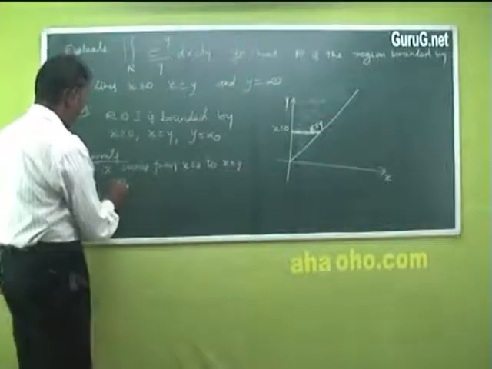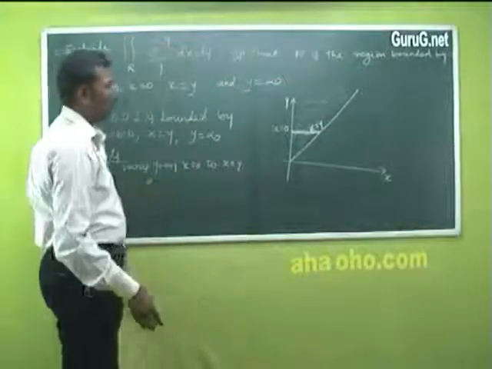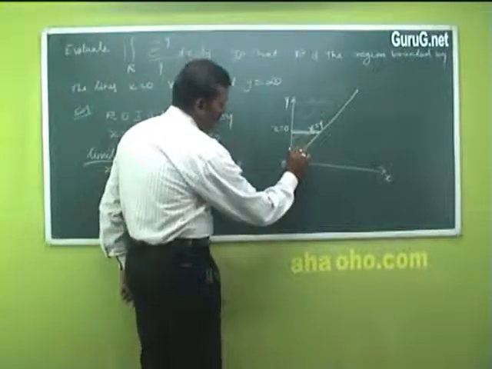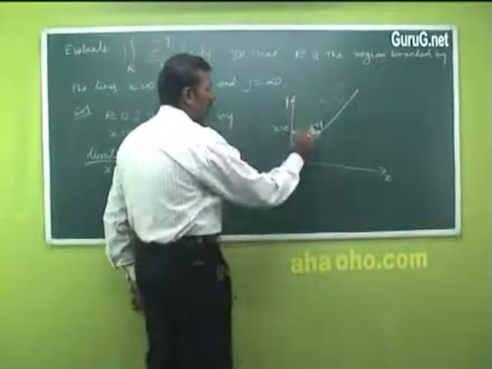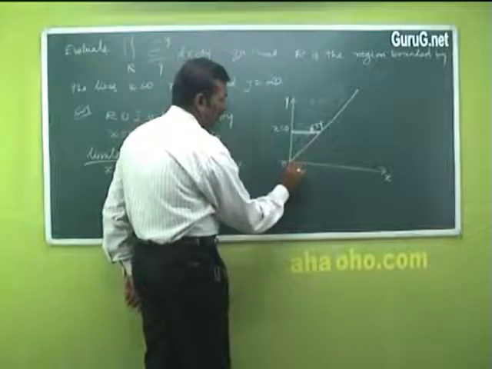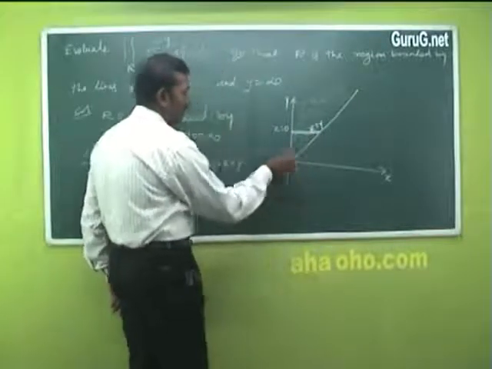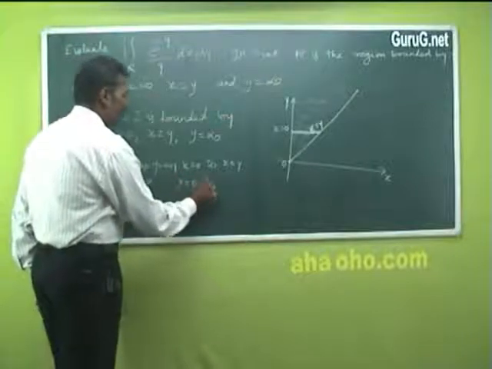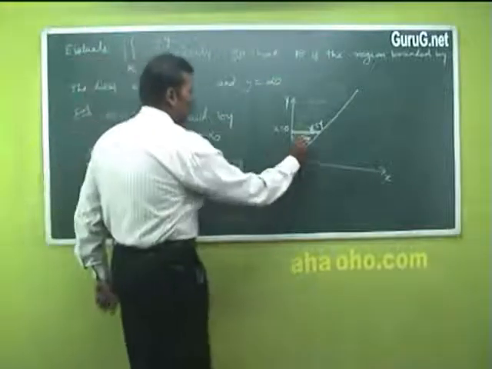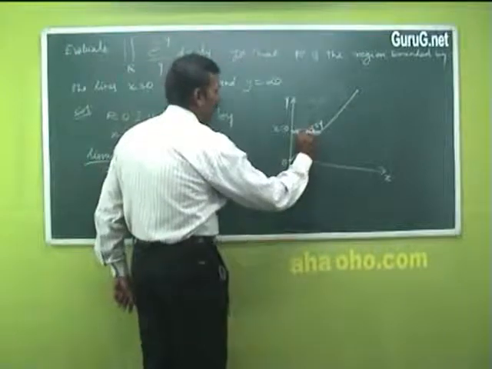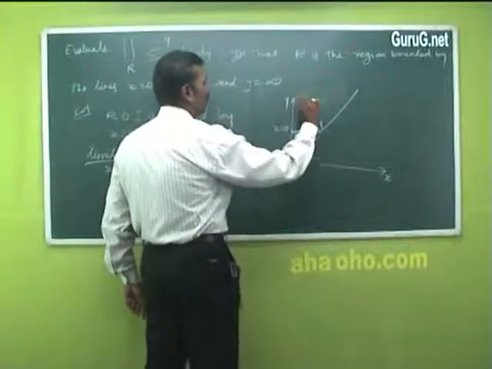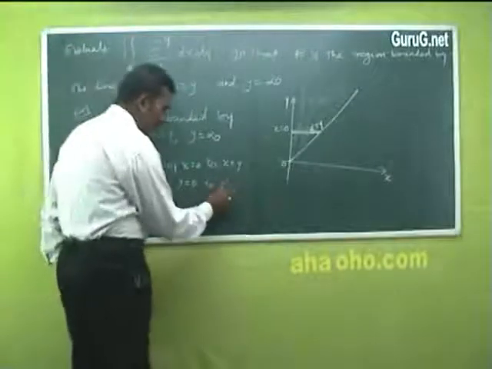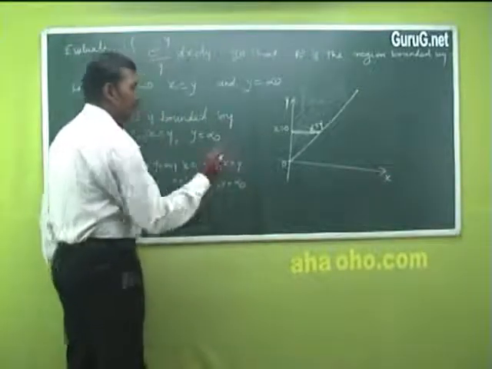Then y varies from, so y limits are constant. So there is a point 0. So you move the strip from bottom to top. In the strip bottom கொண்டு வரும்போது, in the point இல்லையா, in the point ல y ஓட வேல்யூ என்னது 0. So y equal to 0 to, in the strip அப்படியே மூவ் பண்ணிட்டே போயிட்டே இருந்தேன்னா at last எங்க போய் நிக்கும்? y equal to infinity ங்கற line. So y varies from 0 to y equal to infinity.